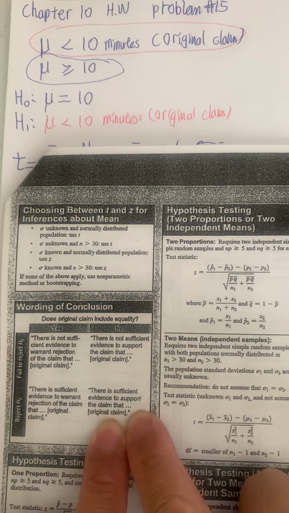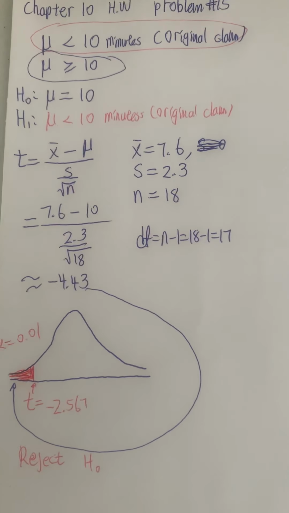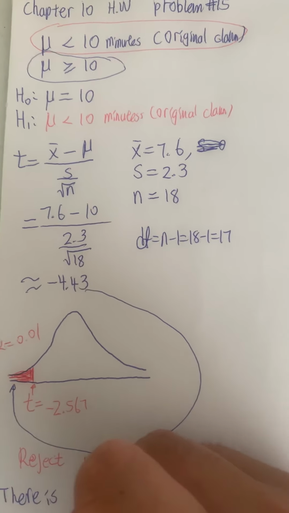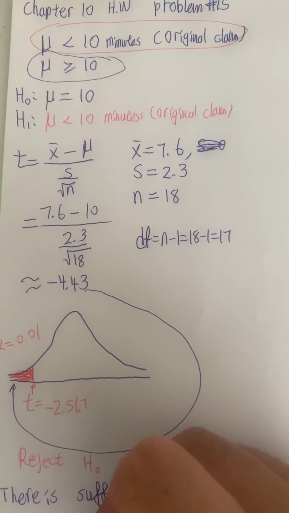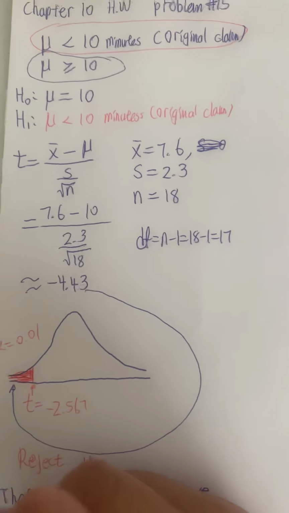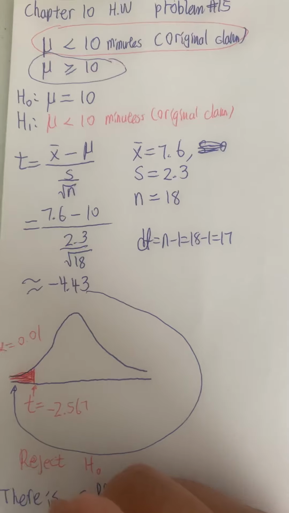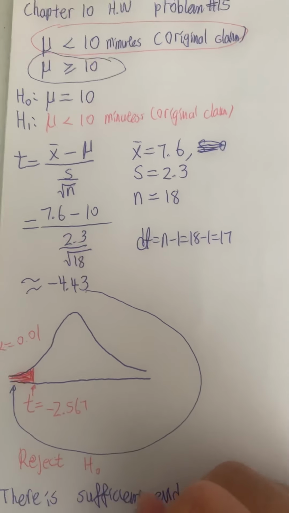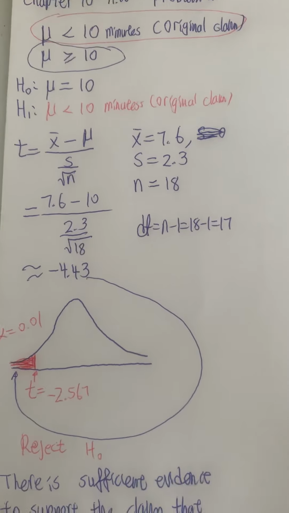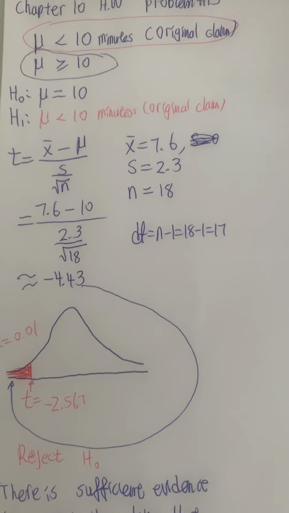So here's the wording: there is sufficient evidence to support the claim that, and you want to write that in here. There is sufficient evidence to support the claim that, well, what the claim is in the problem. What's the claim?